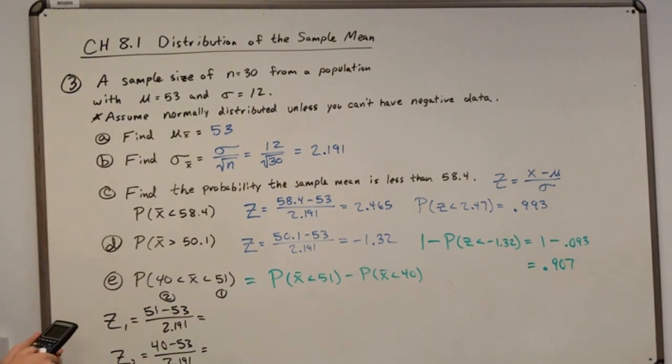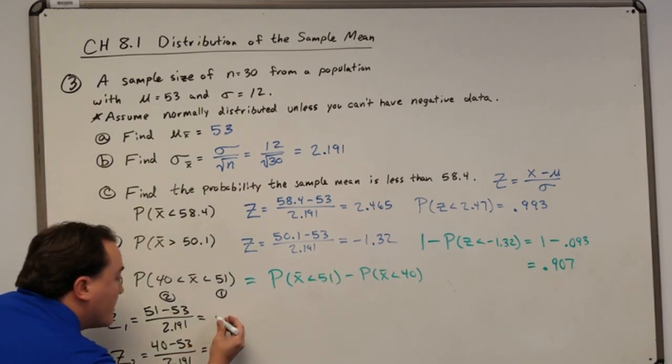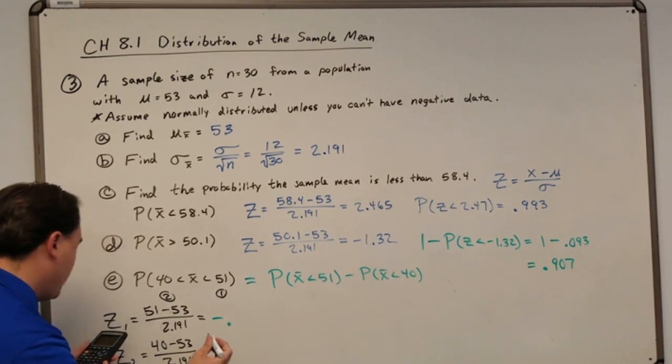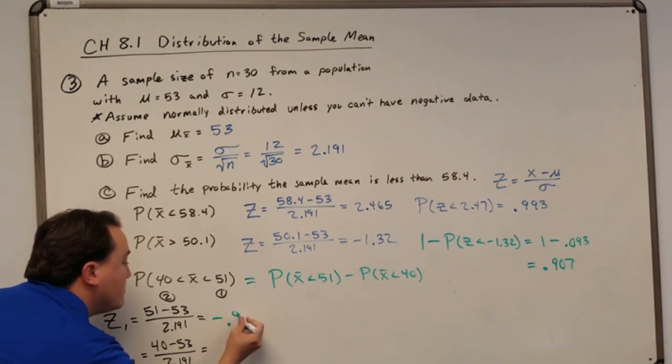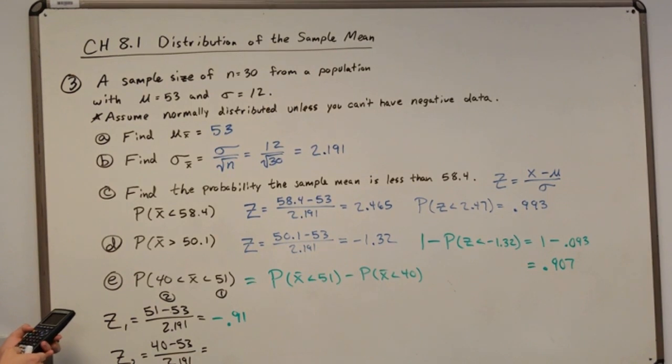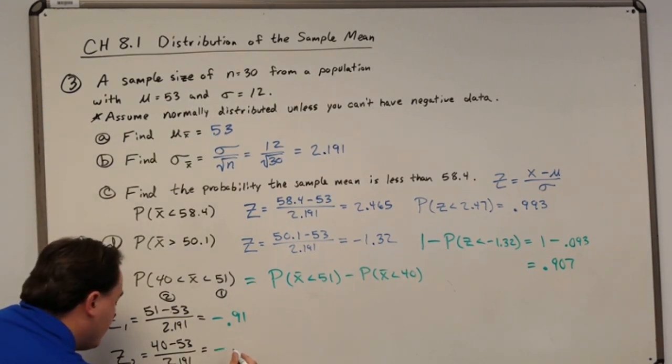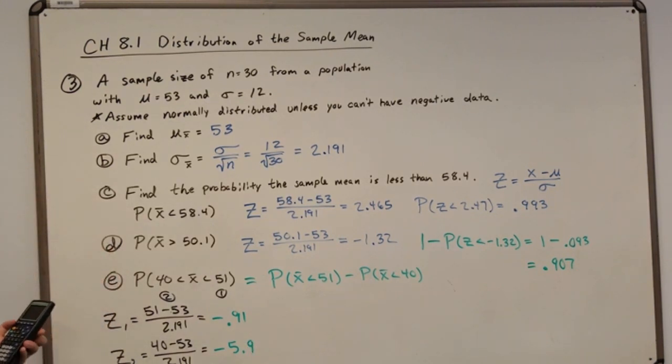So we get negative 0.91, only doing 2 decimal places because we're going back to a table anyways, and negative 5.93.